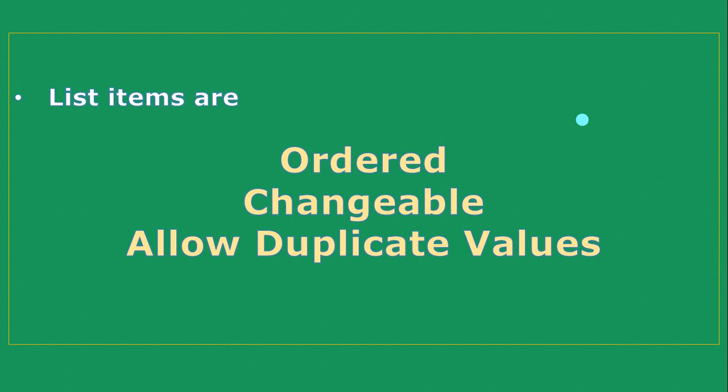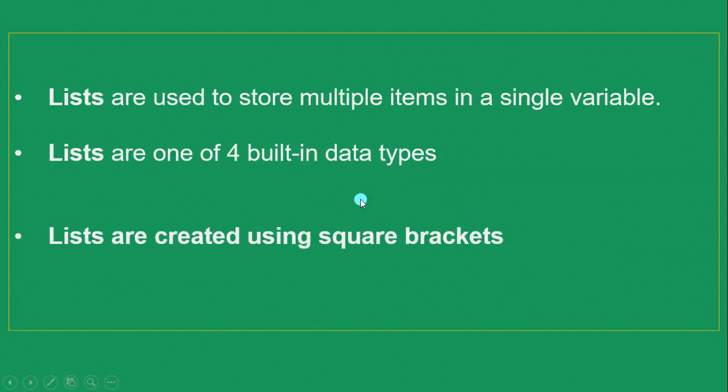In this slide, you can see that lists are ordered, changeable, and allow duplicate values. So dear students, please remember these three are very important characteristics. In the previous slide, you have seen that list is one of the four built-in data types. What are the other three? Tuples, sets, and dictionaries.